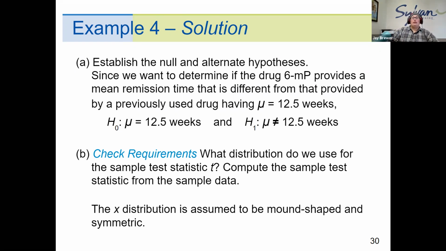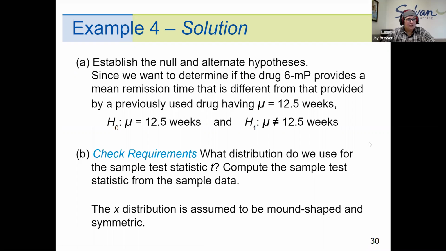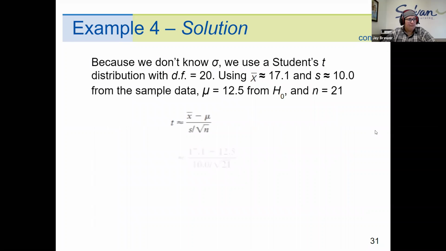Establish the null and alternate hypothesis, since we want to find if the drug provides a mean remission time that is different from the provided 12.5 weeks. All right, check requirements. You guys know how to do all this. This is just kind of like putting everything together from the last chapter.